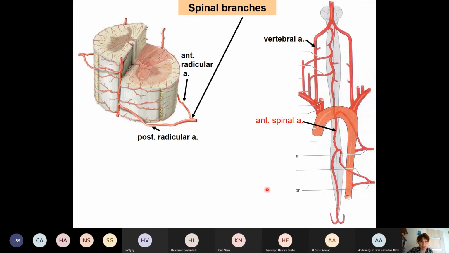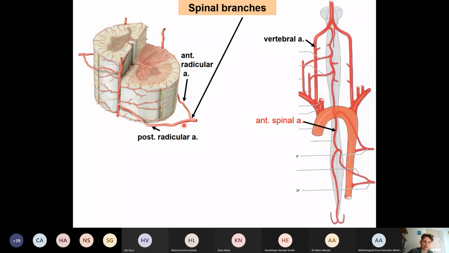substance. But these spinal arteries are very thin, and that's why if you check this picture here, so here this is the anterior spinal artery, but it would be very thin alone, so it must be supplied by other arteries as well, and these other arteries are the so-called spinal branches.